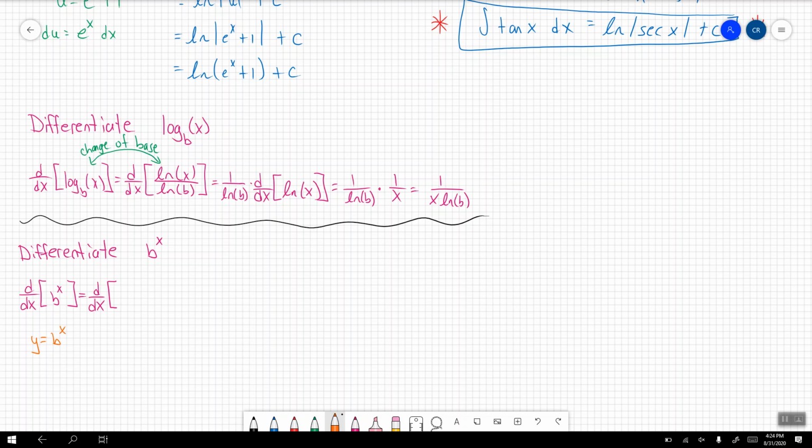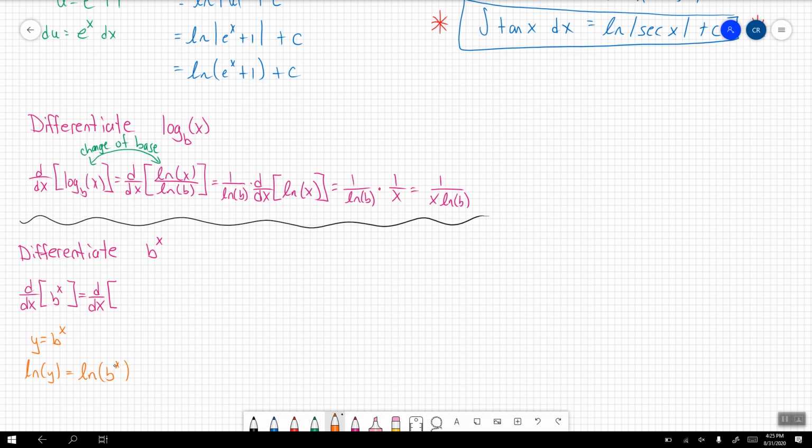And if this is the case, then naturally I am able to extract some form of a natural log here. Because again, we have an exponential, therefore we must have a logarithm as an equivalent form. What is that equivalent form? Well, if I take the natural log of both sides, it will be natural log of y is equal to the natural log of b to the power of x.